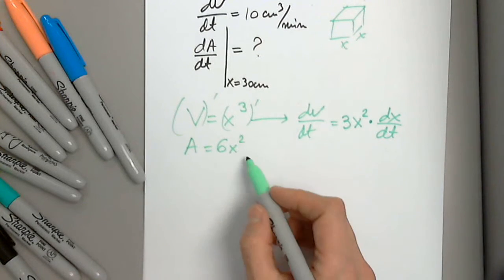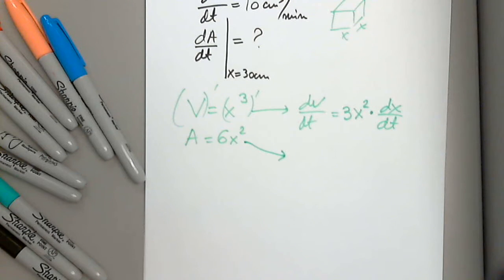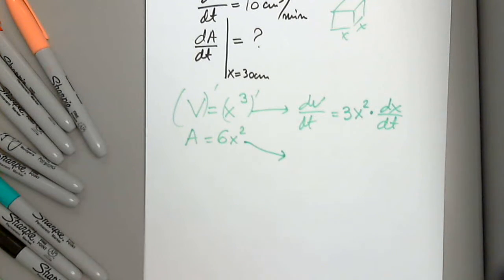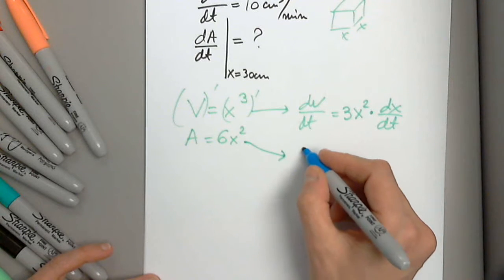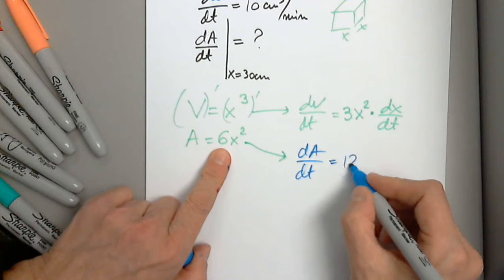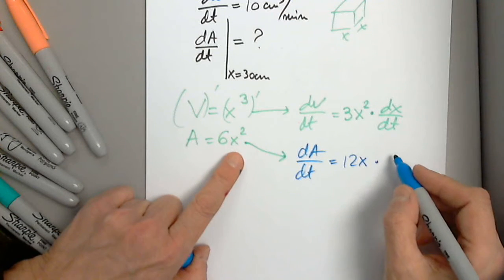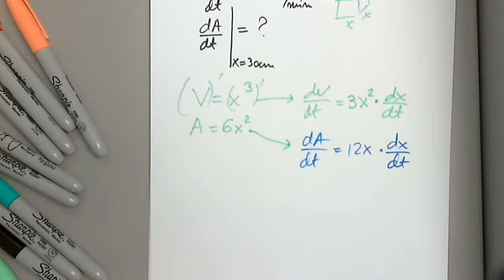Well done. Now I would like to do the same thing for this, and then we'll decide what to do next. Very good. Equals 12x times dx over dt, right, because x is not a variable but a function.